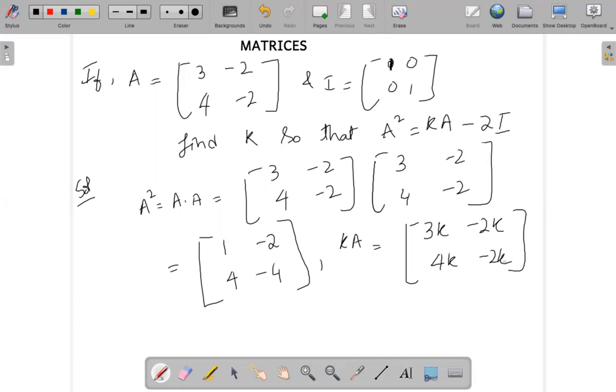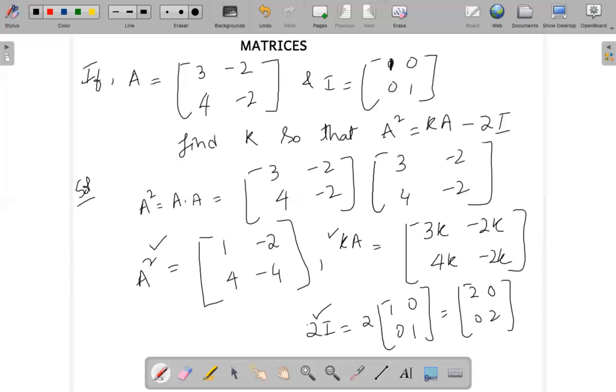And also 2I will be 2 multiplied into 1, 0, 0, 1, so that will be 2, 0, 0, 2. So we got 2I, kA and A squared. Now let us put all of this together.